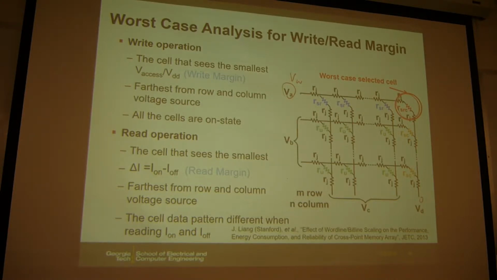The worst case is that the cell is the farthest from, let's say, the write driver, so that is the farthest corner. If you simplify this array, then you will have the wire resistance for the whole row, and then you have your memory cell, and then you have another R wire.